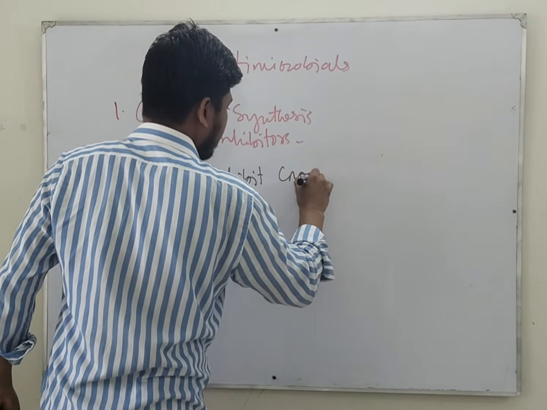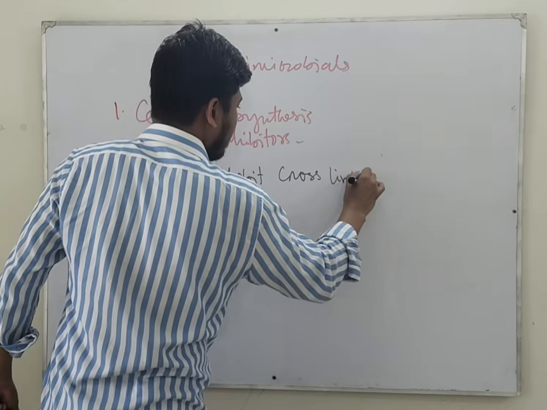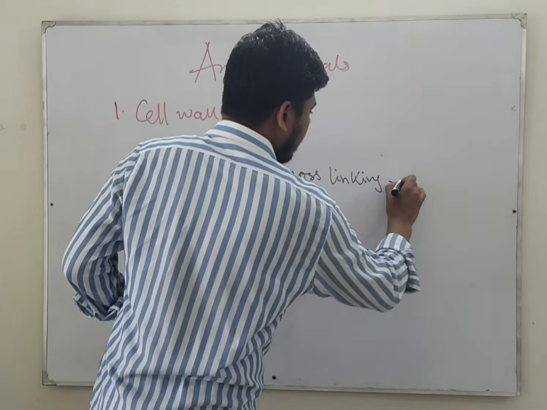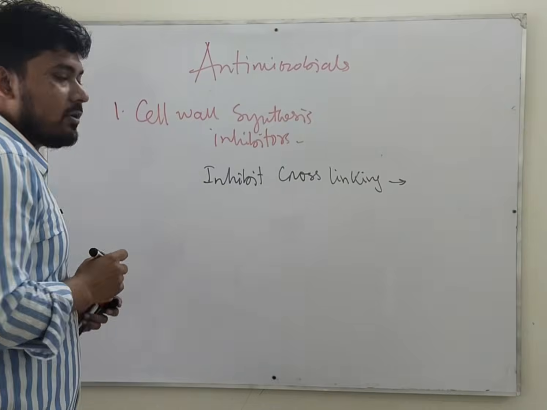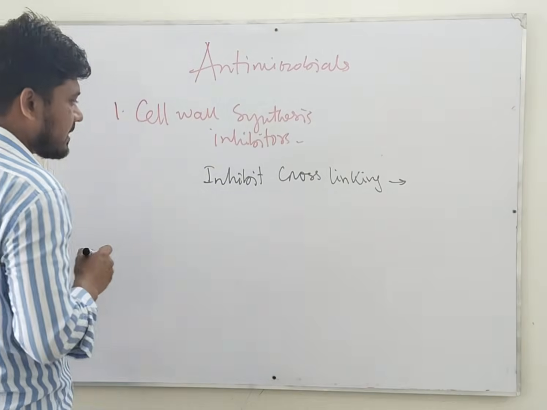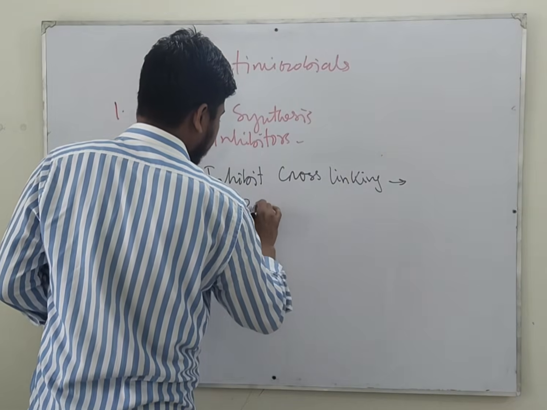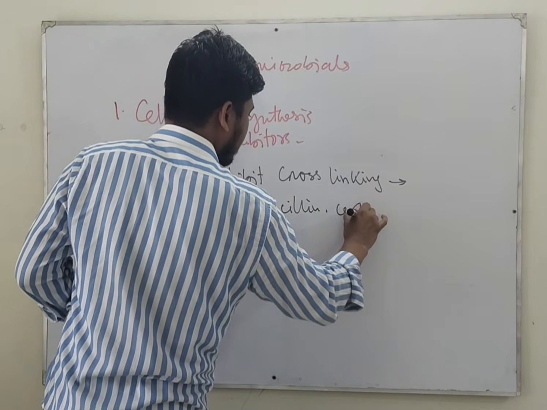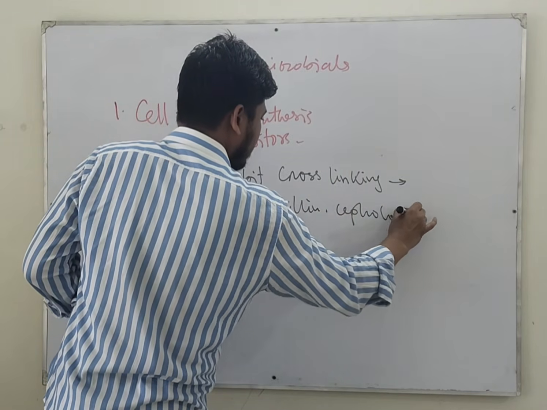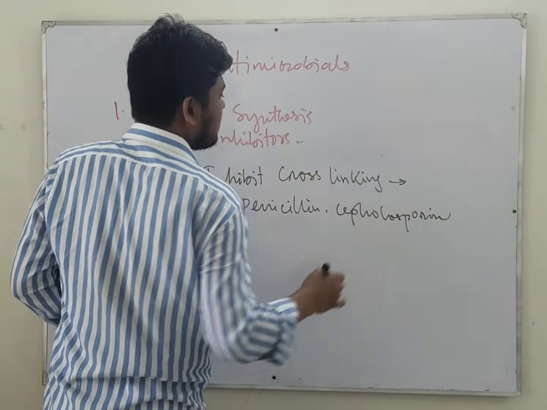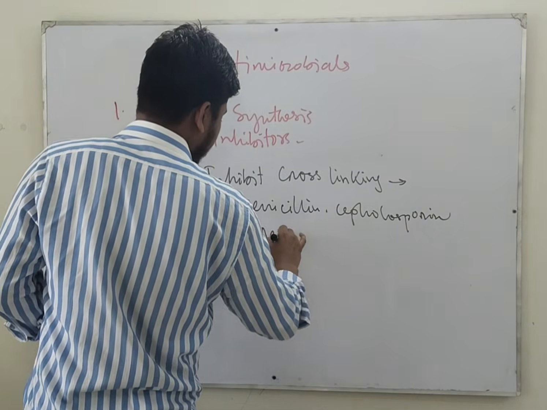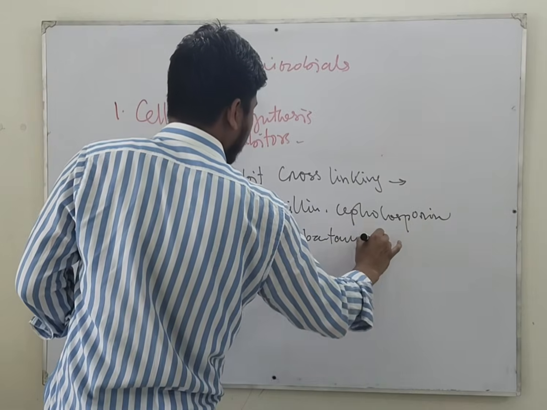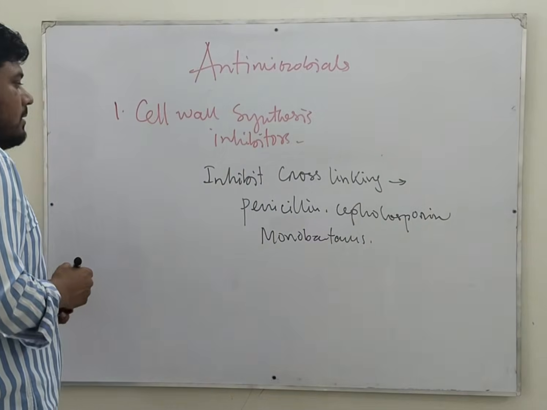Some cell wall synthesis inhibitors inhibit cross-linking of peptidoglycan. These are beta-lactam antibiotics like penicillin, cephalosporin, monobactams, carbapenems.